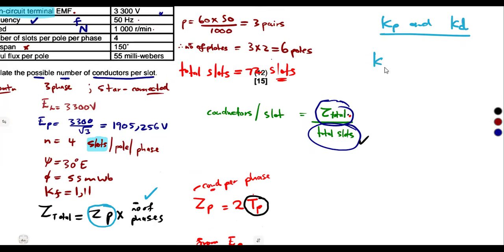Remember, our pitch factor can be calculated out of the pitch that we have. Remember, we have cos of the angle of short chord over 2. And we have the angle of short chord, 30 degrees. So here's just a substitution. Remember, guys, having your information is important. If you have information, you just substitute.